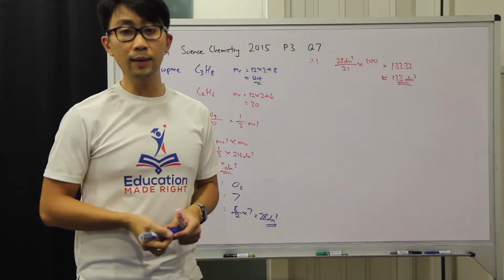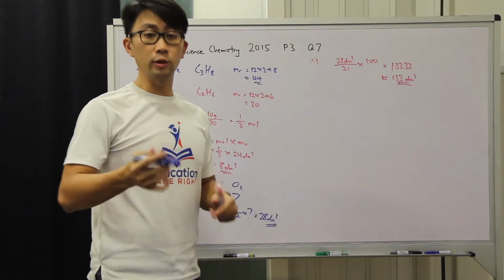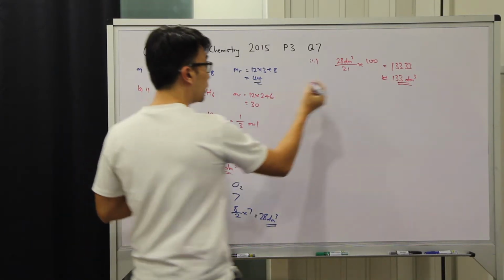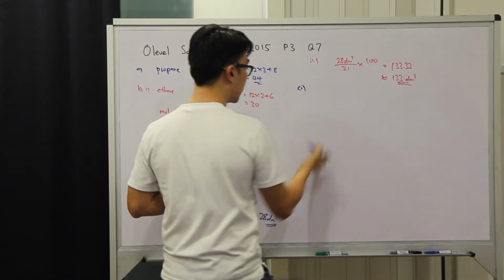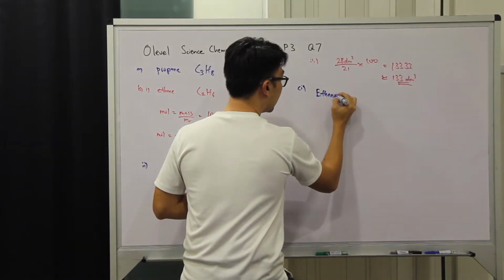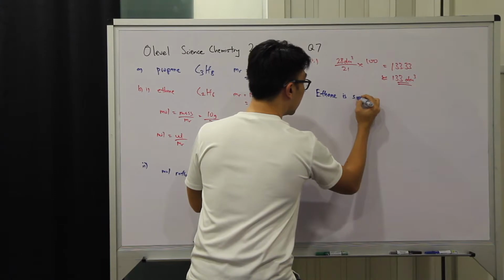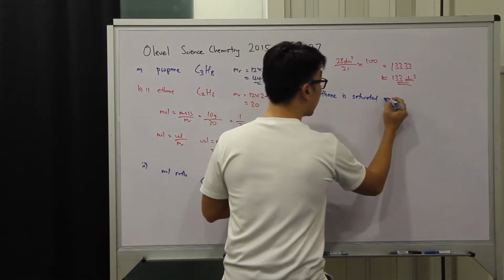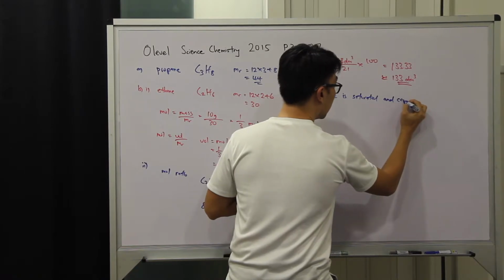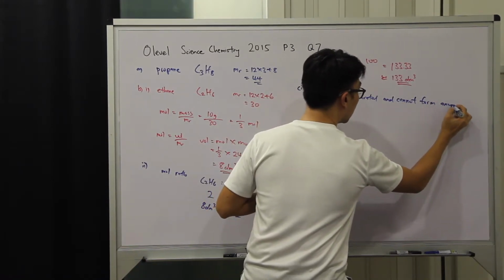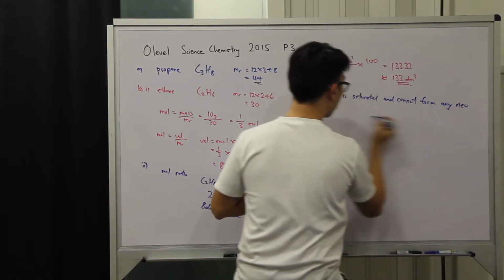State why ethene can be made into a polymer but why ethane cannot. So for C, part 1. First of all, ethane is saturated and cannot form any new bonds.